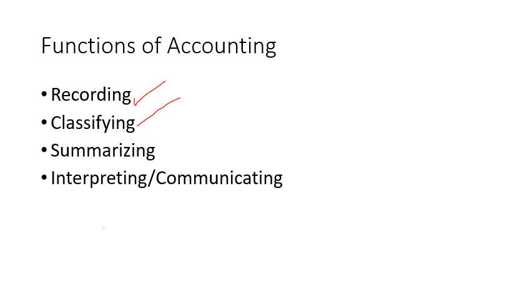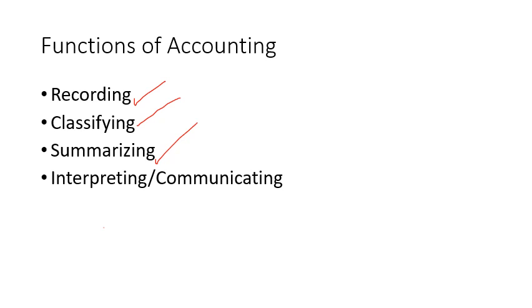After completing this classification, we will be summarizing these accounts by transferring all the nominal accounts into the profit and loss account and all the real and personal accounts into the balance sheet. That's what we call summarizing. In the summarizing process, we summarize all the financial performance of the business by preparing the profit and loss account and balance sheet.